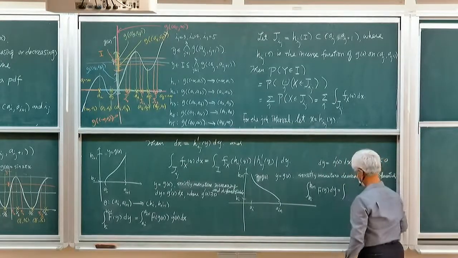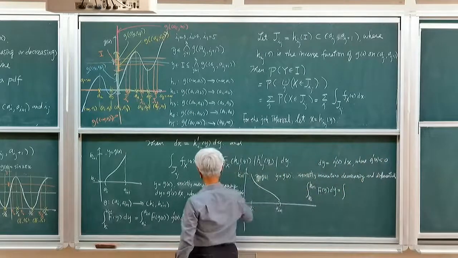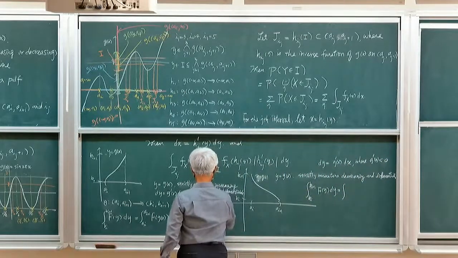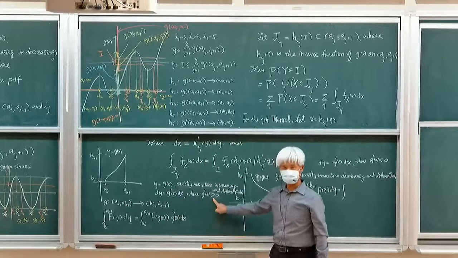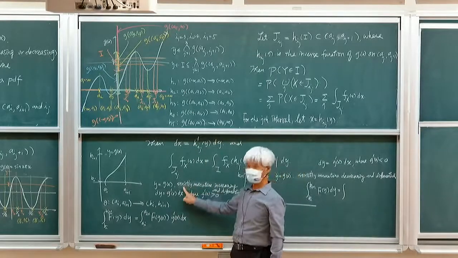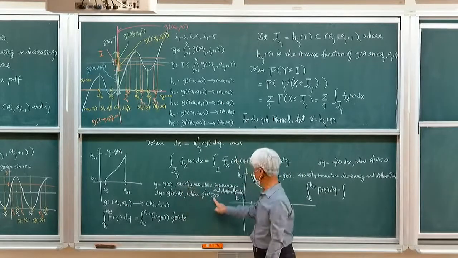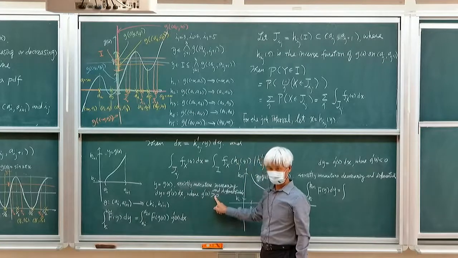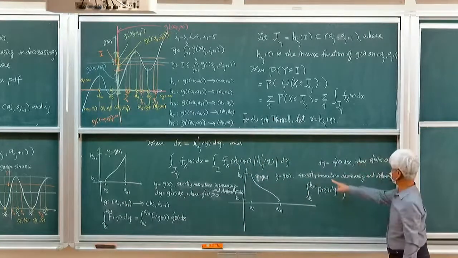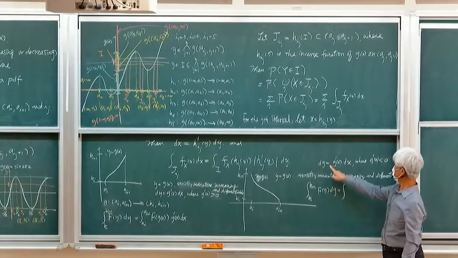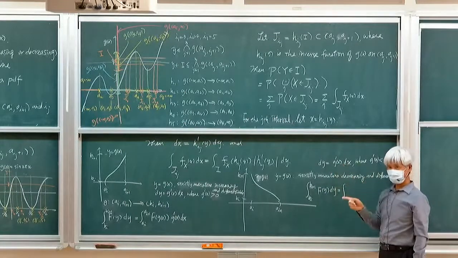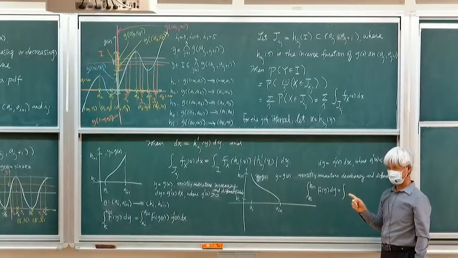Why? Because it's strictly monotone, so it would be less than 0. I'm sorry, I have to correct it. If it's strictly monotone decreasing, then the derivative must be negative. Cannot be 0.